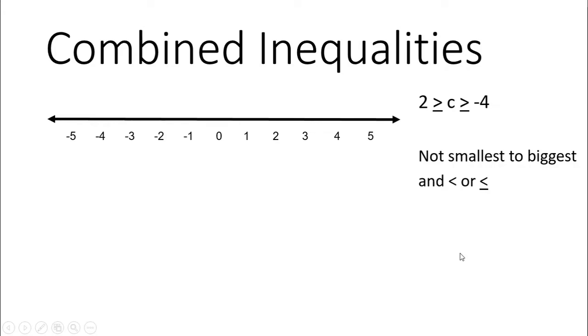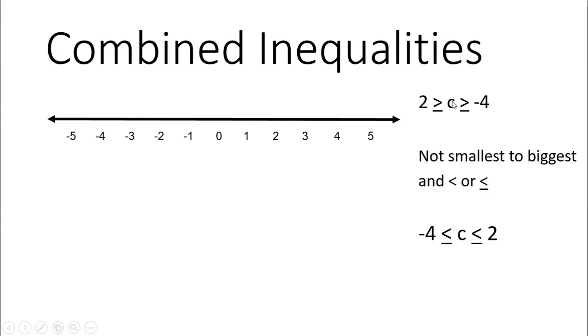So let me turn that around for you so that it'll be easier to put on your number line. The smallest value is the -4, the biggest value is the 2, the C should go in between, and let's see those inequality signs. The C is on the bigger side of this inequality between -4 and C. C is on the bigger side.